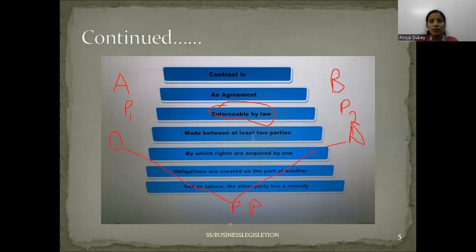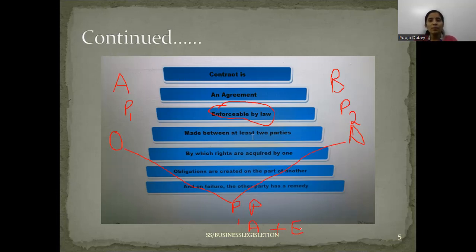Okay, then it becomes an agreement, and when an agreement is enforceable by law, meaning all the terms and conditions, all the essential elements of a valid contract are present, then it is said to be a contract.